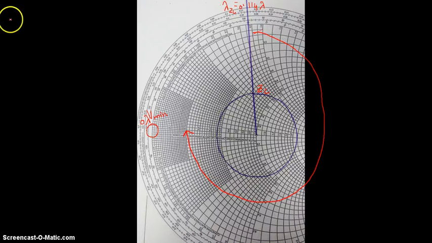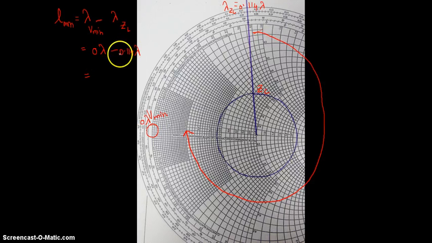So how do I calculate L minimum? L minimum is calculated as lambda of Vmin minus lambda of ZL. Now we have learnt that lambda of Vmin is 0 lambda, minus lambda of ZL, which is 0.114 lambda. Here you are subtracting a bigger number from a smaller number.